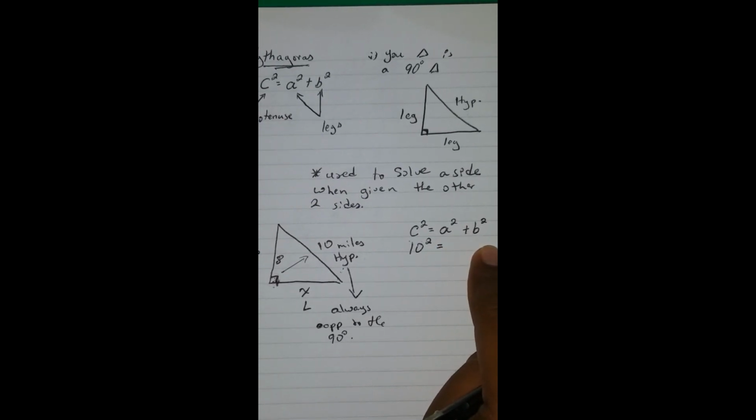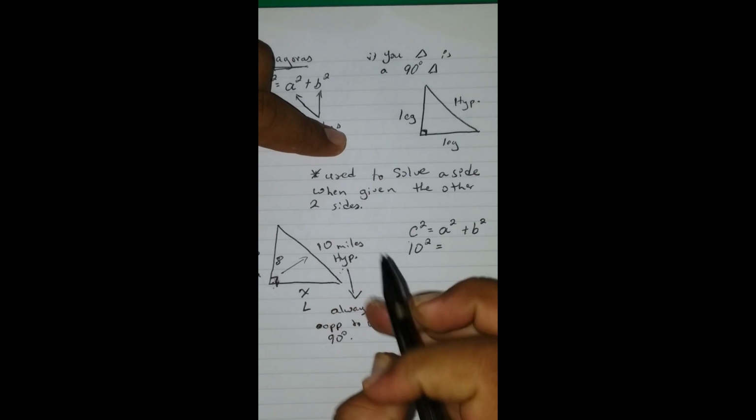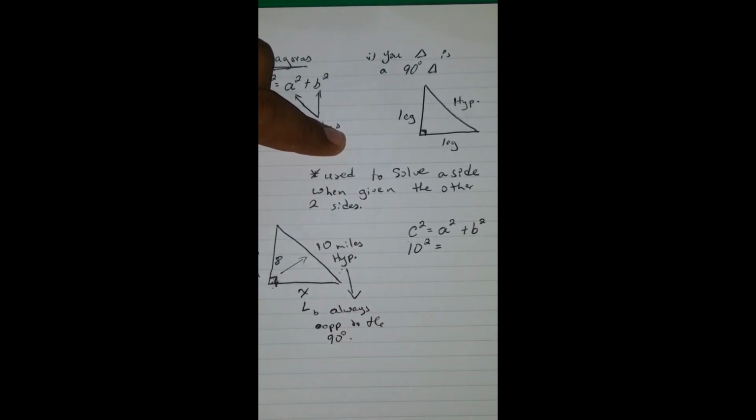Which one you want to be a doesn't matter in this case. Let's put leg a and leg b. Leg a is going to be 8, and then leg b is going to be x.